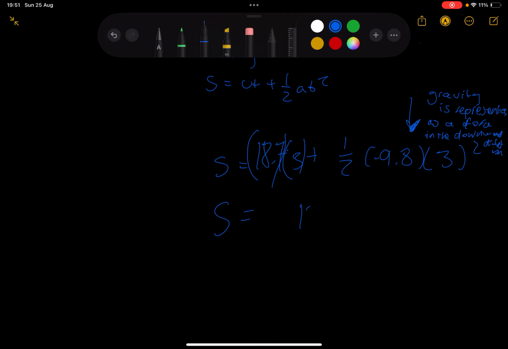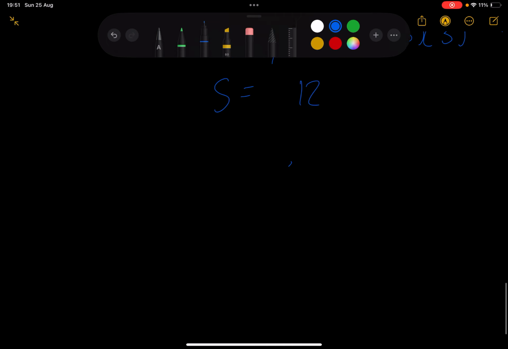And s would equal 12. So the coordinates are 9, 12.